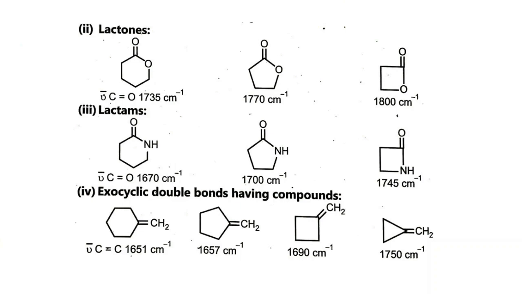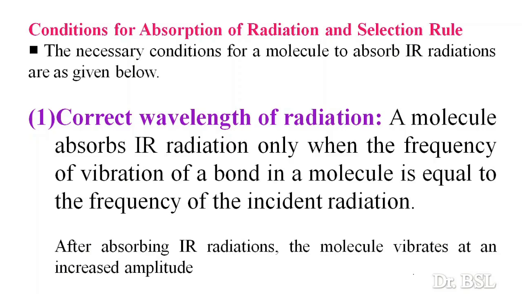Similarly, these are the cases where we can observe very clearly that as ring size decreases, strain increases, and the stretching absorption or the absorption frequency also increases as we go to smaller rings. Then let us see conditions for absorption of radiation and selection rule.